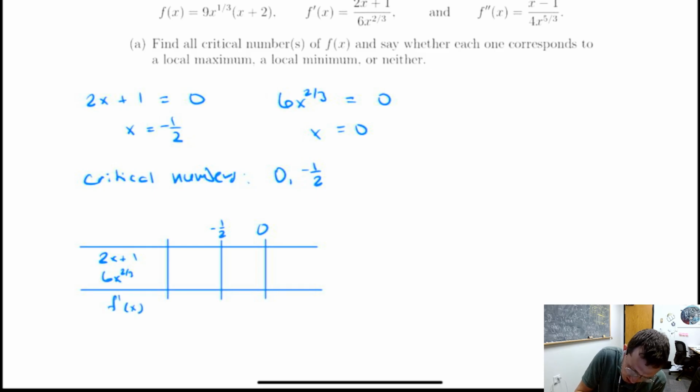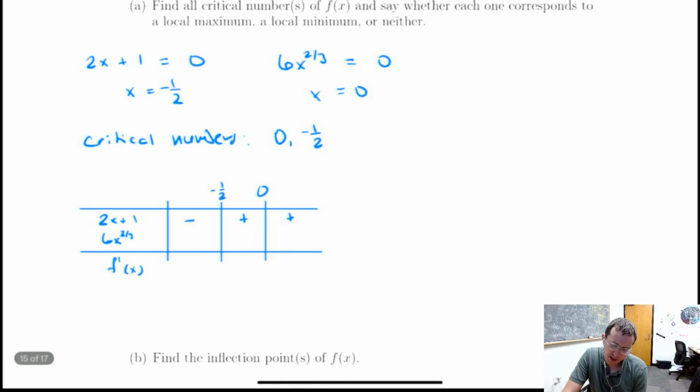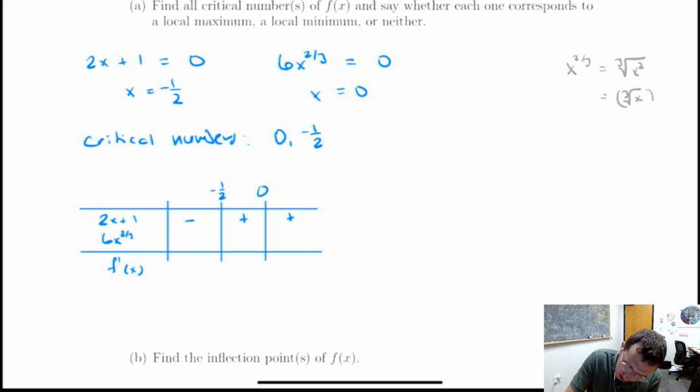Two x plus 1 is a straight line with a positive slope, so it's negative until it's 0, and then it's positive. 6x to the 2/3. Well, remember, x to the 2/3 means the cube root of x squared. Either way, you can see that because we're squaring, we're only going to ever end up with something positive.